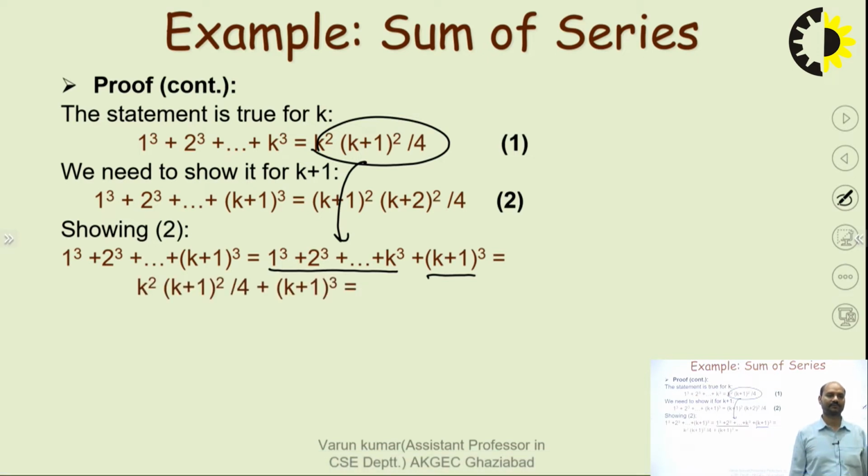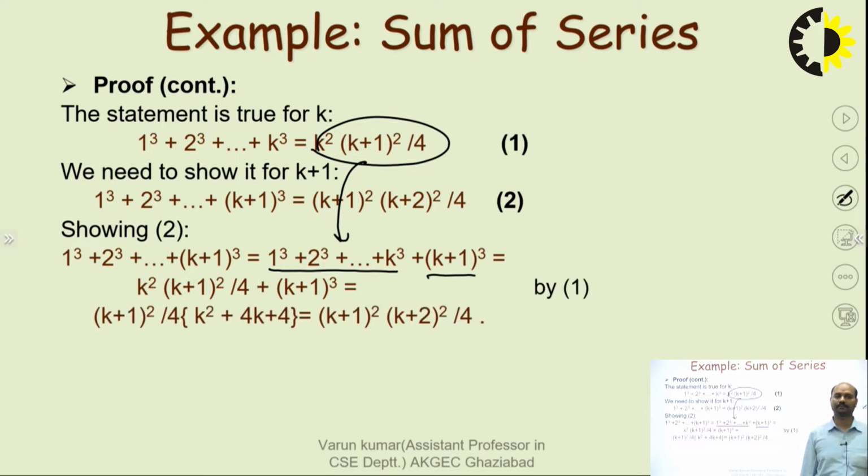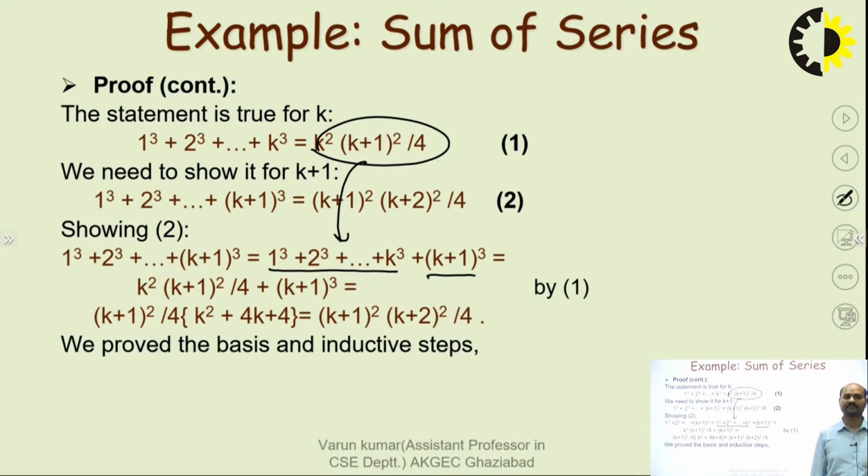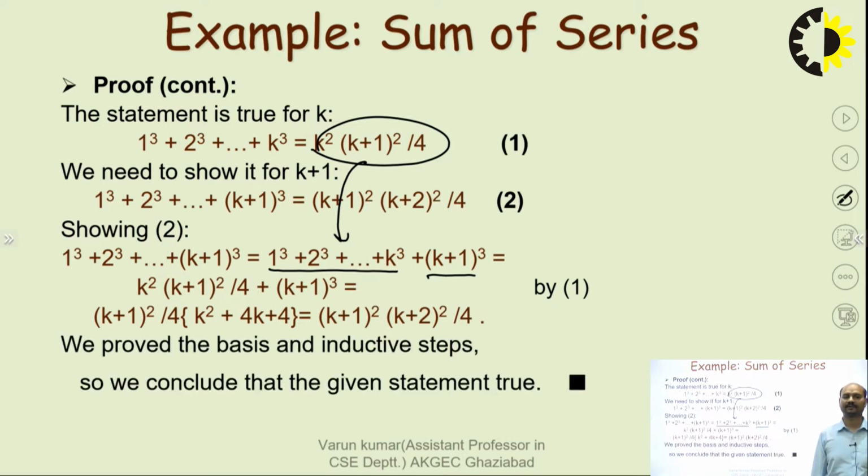So we substitute this and take common factors, that is (k plus 1) whole square divided by 4, and the remaining part is k square plus 4k plus 4, which is the whole square of k plus 2. So it will become (k plus 1) whole square times (k plus 2) whole square divided by 4. It means that it is also true for all values of n greater than or equal to 1.